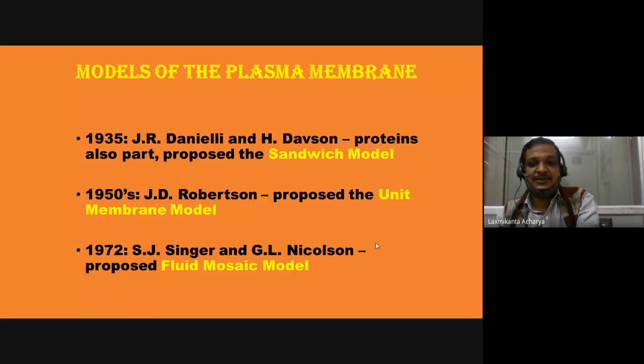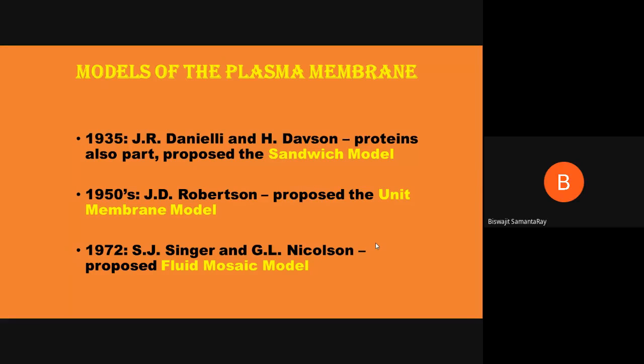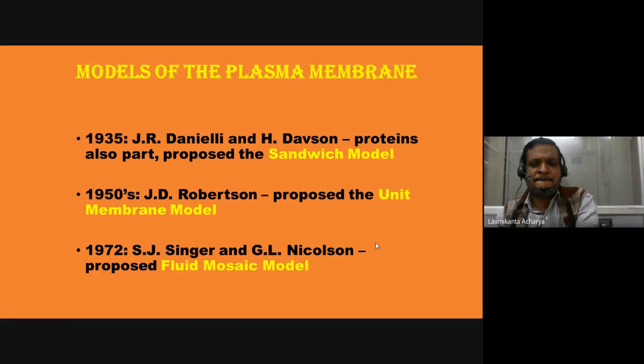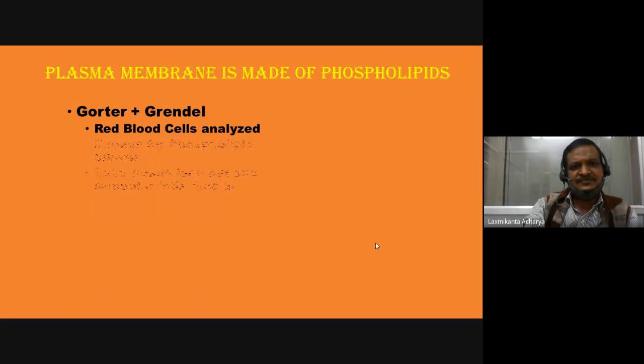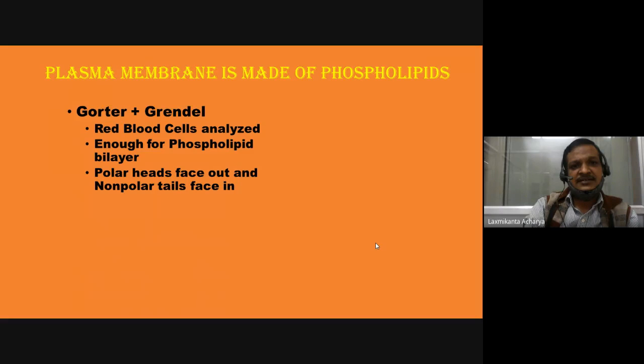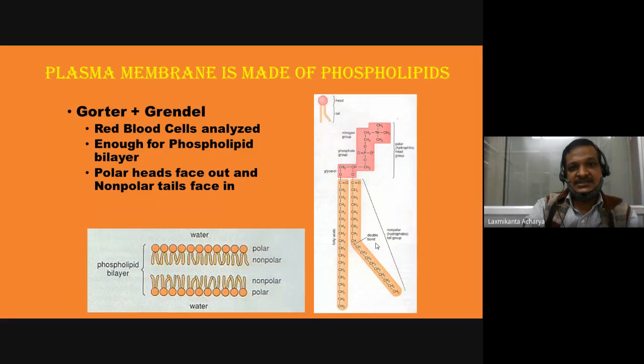Why is the fluid mosaic model mostly accepted? Because it explains the permeability, how the cell can do it. And let us see why we accept this Singer Nicolson fluid mosaic model as the best model to explain the plasma membrane. Okay, so Gorter and Grendel showed that this plasma membrane is made up of phospholipid.